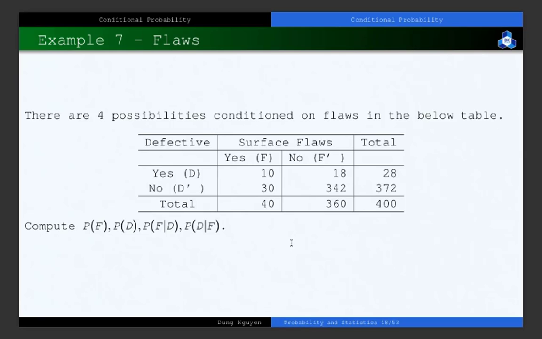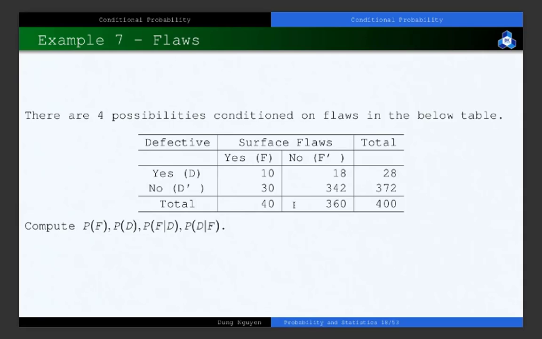So in your experiments, there are 10 defective items with some surface flaws. There are 18 defective items without any flaws on the surface. There are 30 non-defective items with some flaws on the surface, and there are 342 non-defective items without any surface flaws.